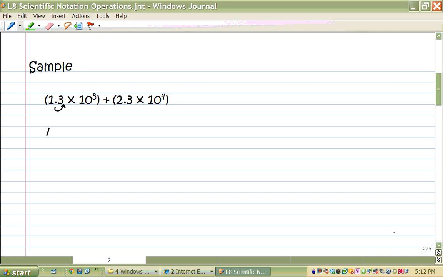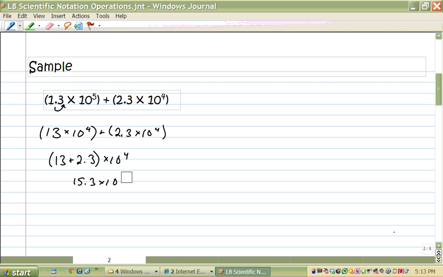Now that's going to make my answer a little bit interesting, which you'll see in just a second. And this is 2.3 times 10 to the fourth. Now my order of magnitude is the same, so I can take 13 plus 2.3, and keep the times 10 to the fourth. This is 15.3 times 10 to the fourth.